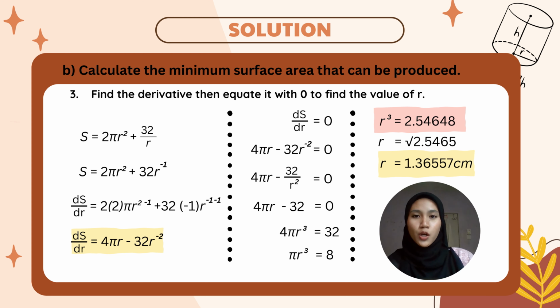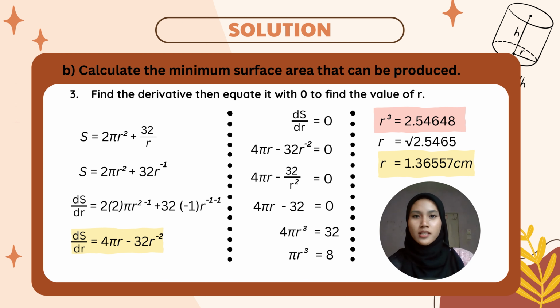But before that, we change the expression to negative indices by writing it as S equals 2 pi r squared plus 32 r to the power of negative 1. After we differentiate S, we get 4 pi r minus 32 r to the power of negative 2. Then we set it equal to 0 and solve for r.